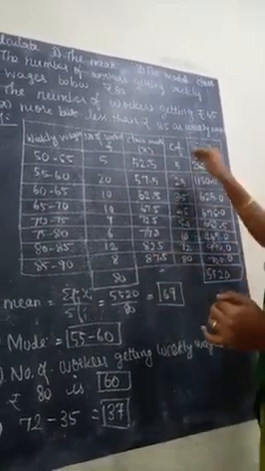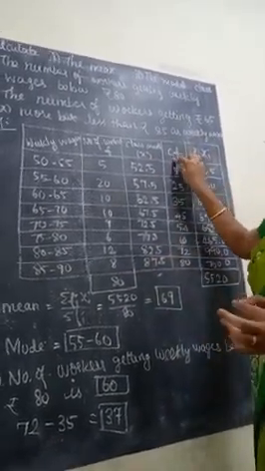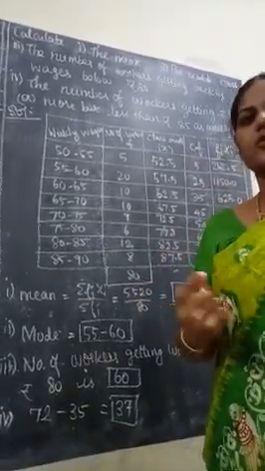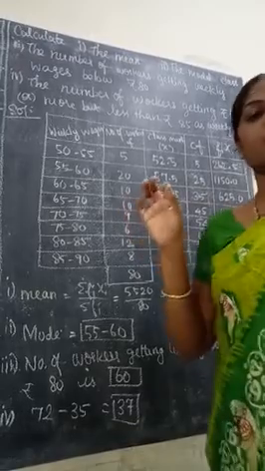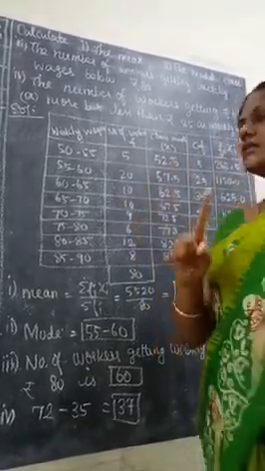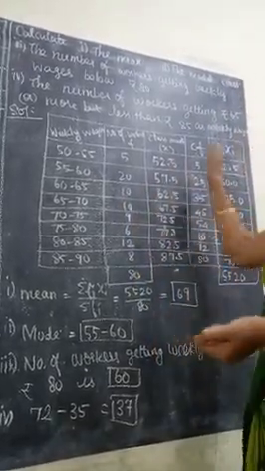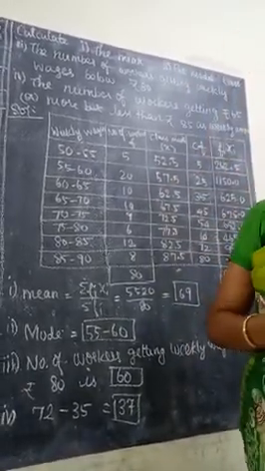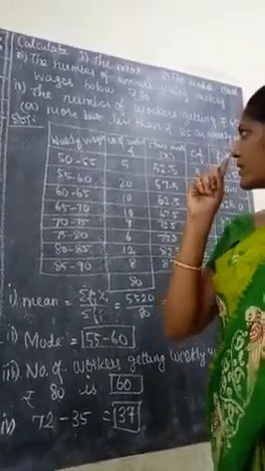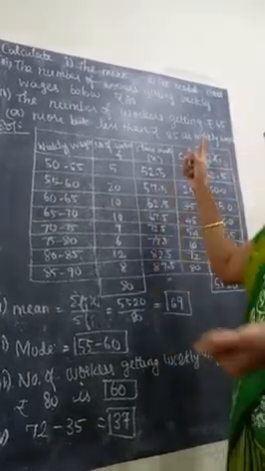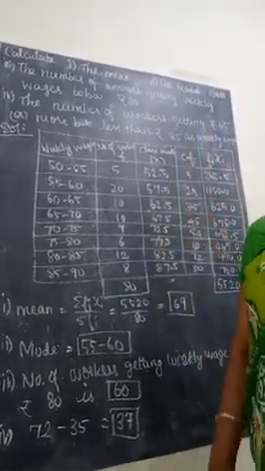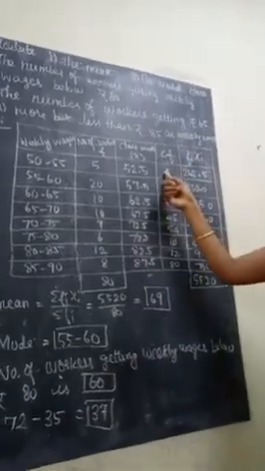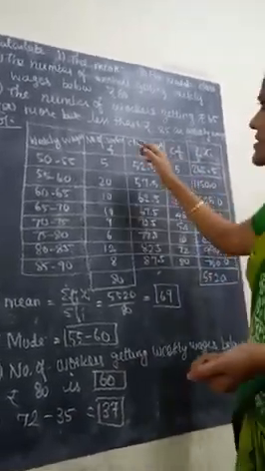After that we are going to find cumulative frequency. For finding mean we don't want cumulative frequency, because cumulative frequency we use only in median. Then for what purpose are we using cumulative frequency here? For finding the mode. How do we find cumulative frequency?